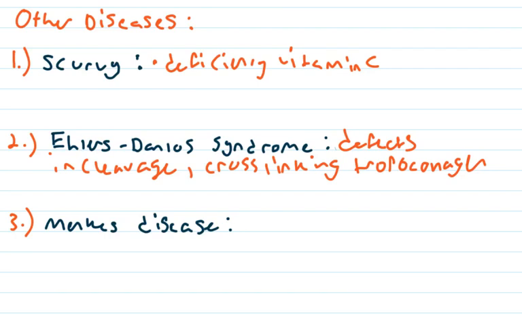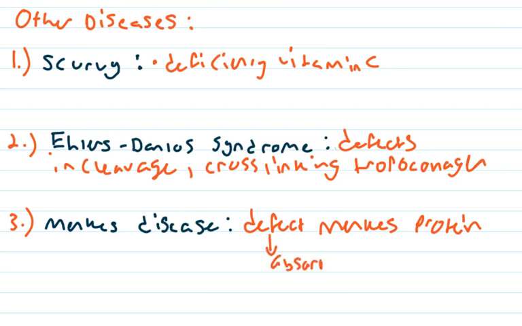And the final disease that we're going to talk about today is what's called Menkes disease. In Menkes disease, we get a defect in Menkes protein. Menkes protein is located in the gastrointestinal tract, and it's responsible for the absorption of copper.